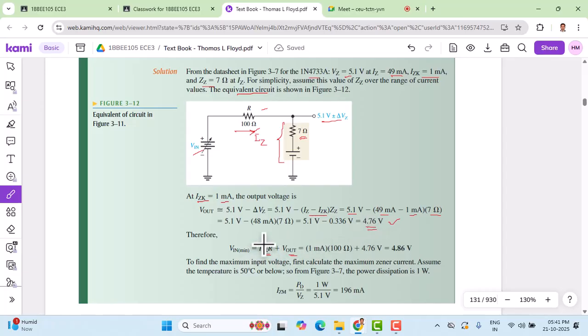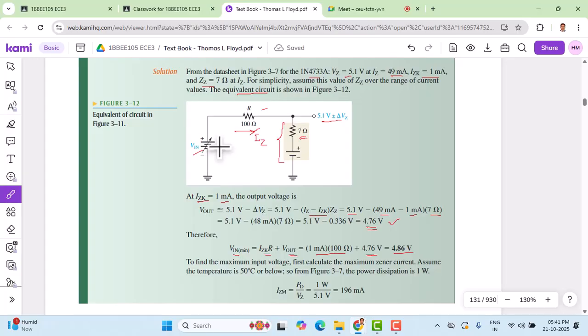So now we can substitute Izk and R, that's the drop across this resistance, and we already have output voltage across this, considering the practical diode as an example. That gives me 4.76, and if we simplify this, it gives me 4.86 volts. That is the minimum voltage that this supply can have.